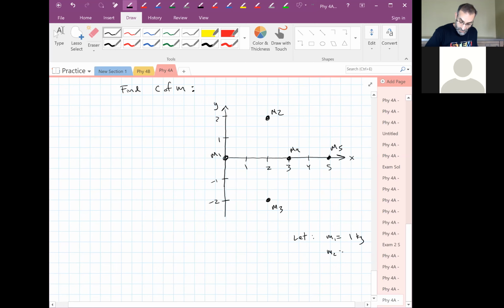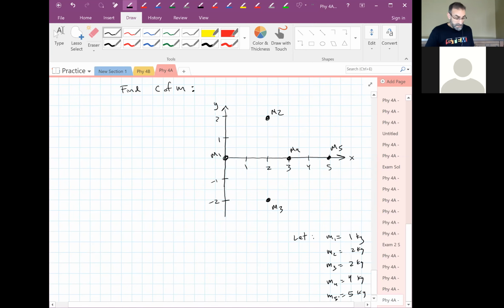One kilogram, 2 kilograms. Let's let 3 also be 2 kilograms. 4 kilograms. 5 kilograms. So 2 and 3 will be the same mass. Everything else will be slightly different.